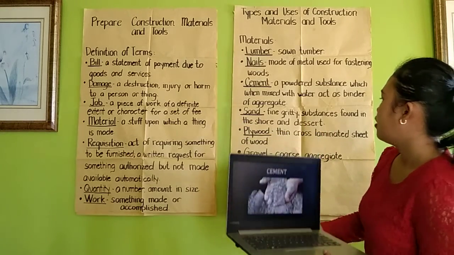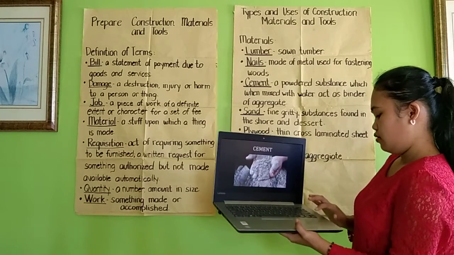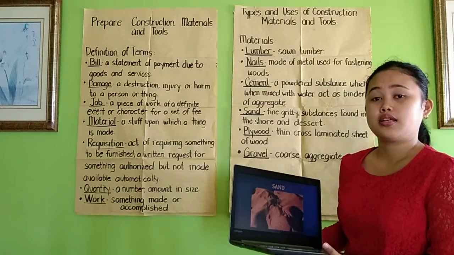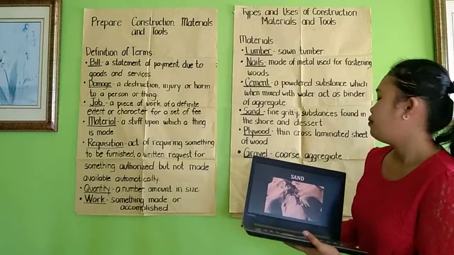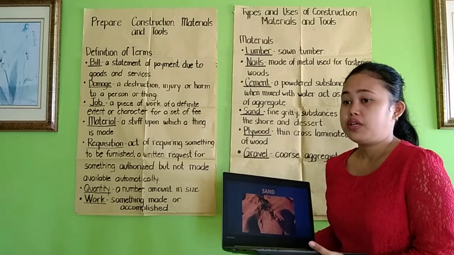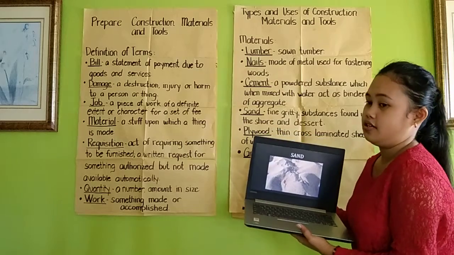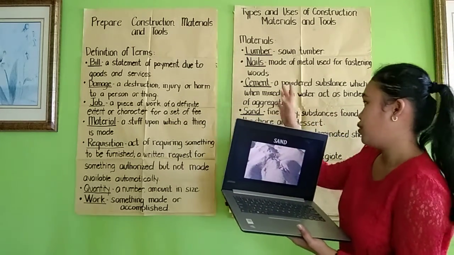Then sand, a fine gritty substance found on the shore and in deserts. Everyone is familiar with sand because it is common. You can see this everywhere, mostly on beaches, and it is also one of the materials in construction because it is mixed with cement.